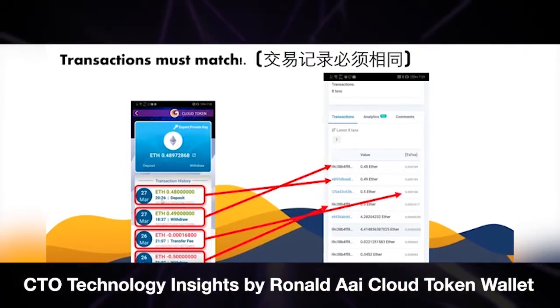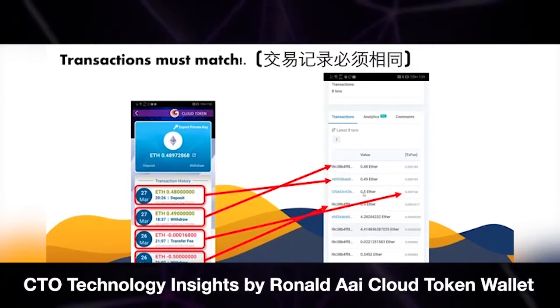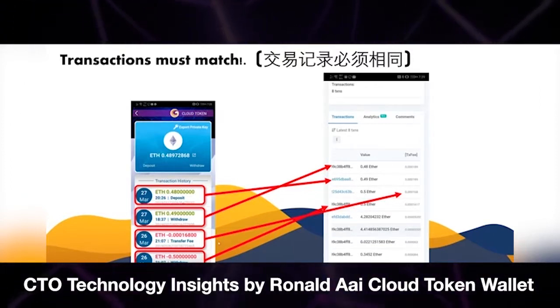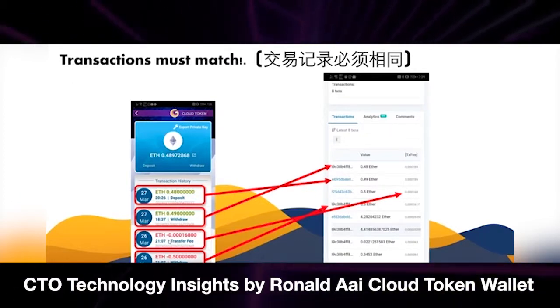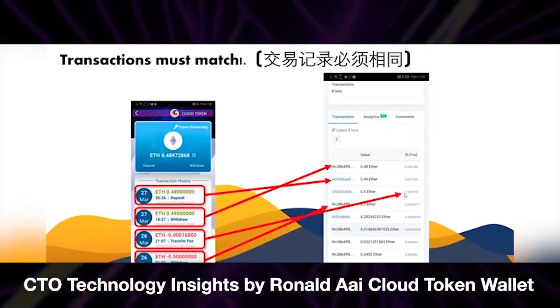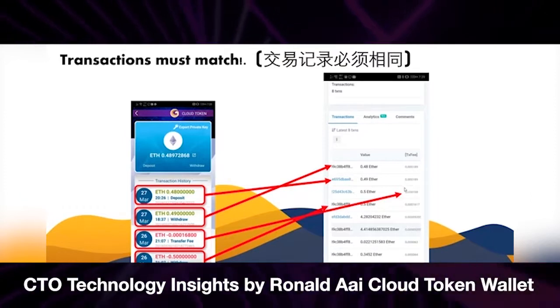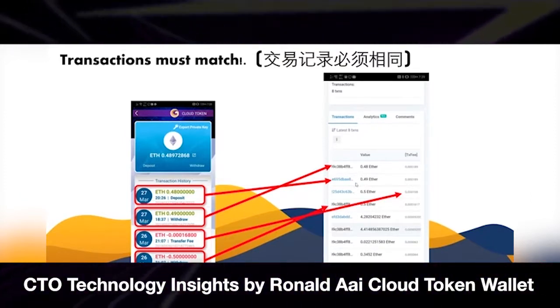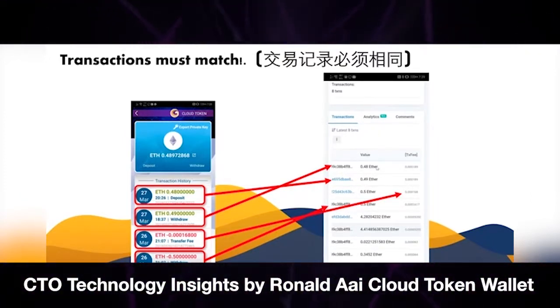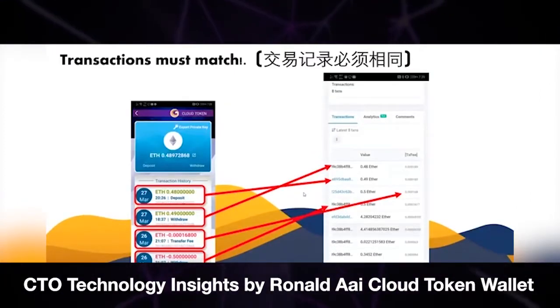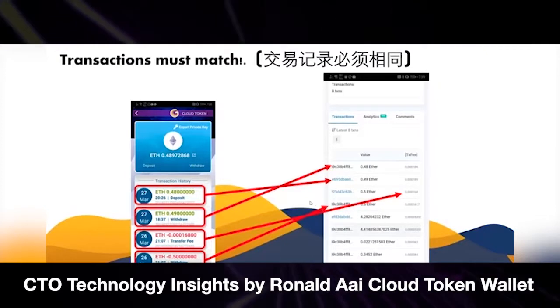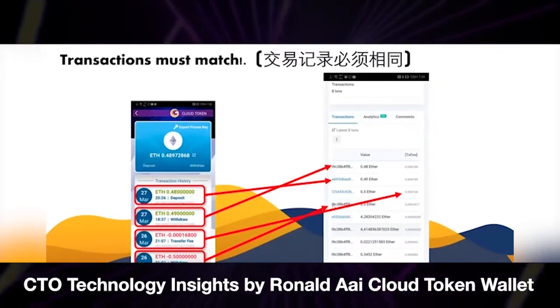All of this is actually written on chain here. You see that? The last 3 transactions, and this one, which is the fee, you can consider as a transaction. So there are 4 transactions here, all recorded on the chain itself. So all these transactions must match.